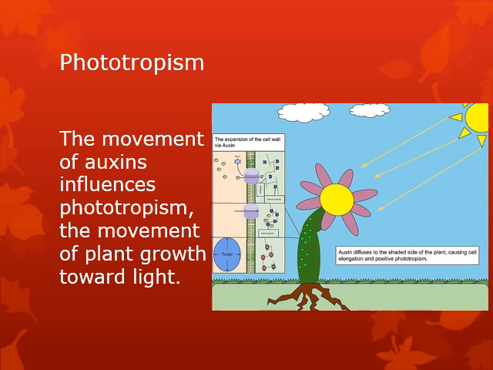Auxins lead to what's called phototropism. That is, you guys probably know plants will follow the light. They tend to orient themselves to where the light is. Basically, plants, let's see if I got this straight.